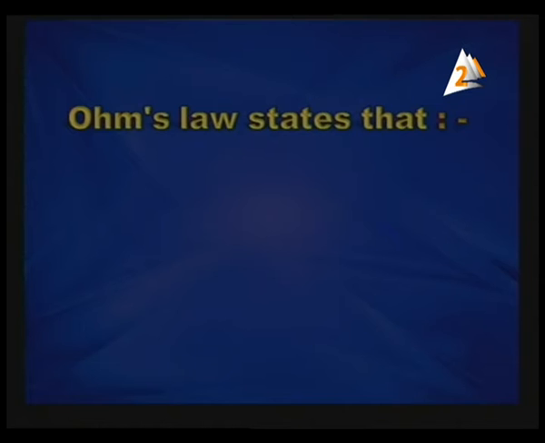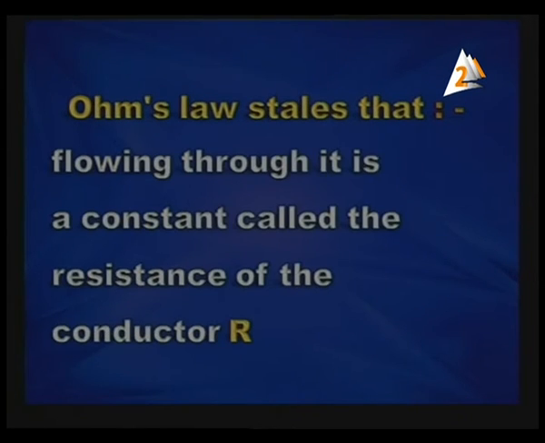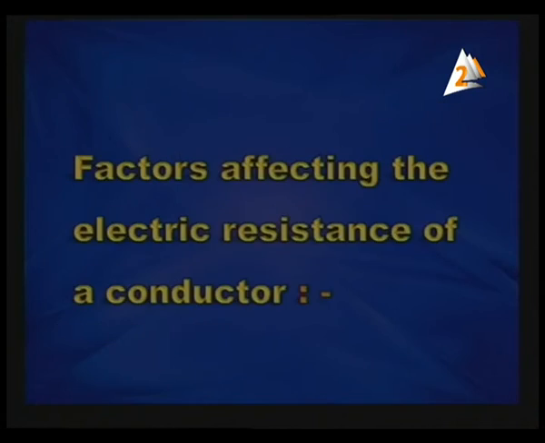So a statement of Ohm's law: Ohm's law states that the ratio of the potential difference V across the terminals of a conductor to the current intensity I flowing through the conductor is a constant called the resistance of the conductor. V over I is a constant. V over I is equal to R. This is the statement of Ohm's law.